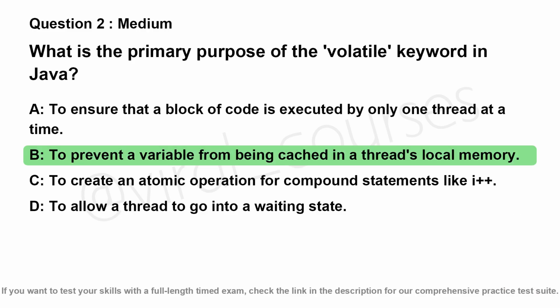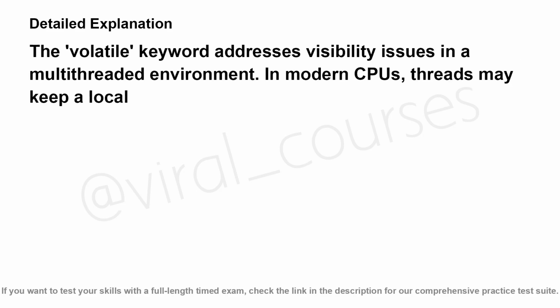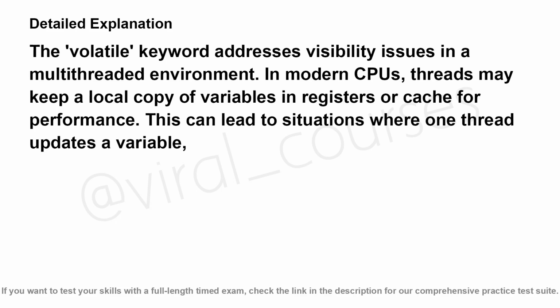The correct answer is B. The volatile keyword addresses visibility issues in a multi-threaded environment. In modern CPUs, threads may keep a local copy of variables in registers or cache for performance. This can lead to situations where one thread updates a variable, but others don't see the change.